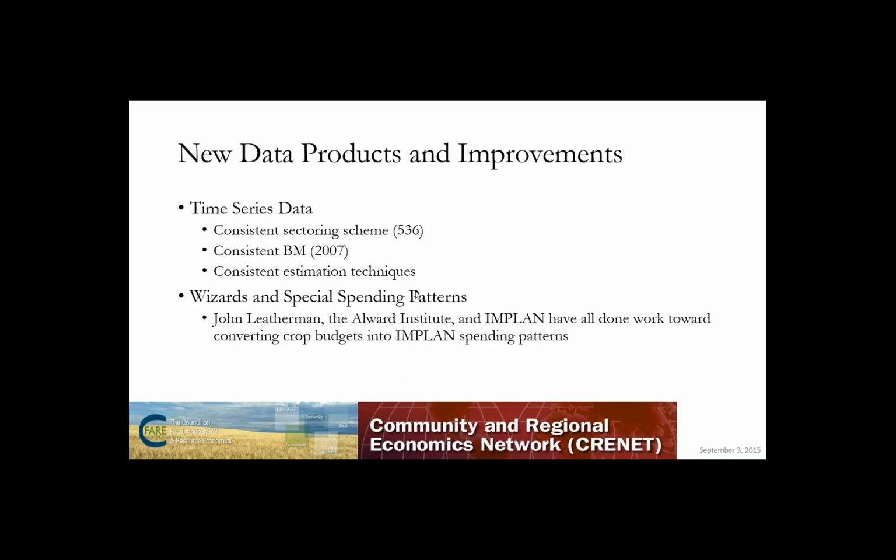When we were in Wisconsin, we were such a small firm that it was kind of hard to do a lot of side projects, but we have grown significantly since moving out to North Carolina, and are prepared. We have a little more hands on deck that we could do that kind of thing now. And I've learned that John Leatherman and the Alward Institute are working on some of those spending patterns as well. So I will let them speak to that a little bit more.